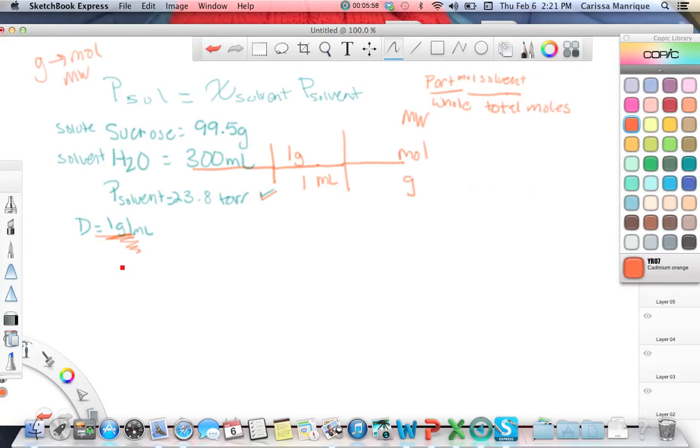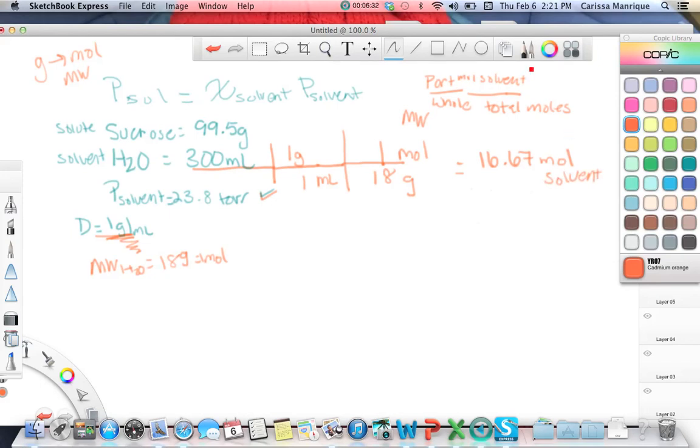The molecular weight of water, H2O, is 18 grams per 1 mole. So we put 18 grams per 1 mole of water. When I multiply this out, I have the moles of water, which I calculated at 16.67 moles, and that's my solvent.